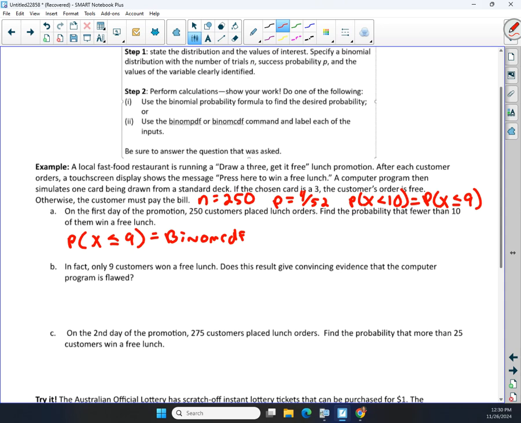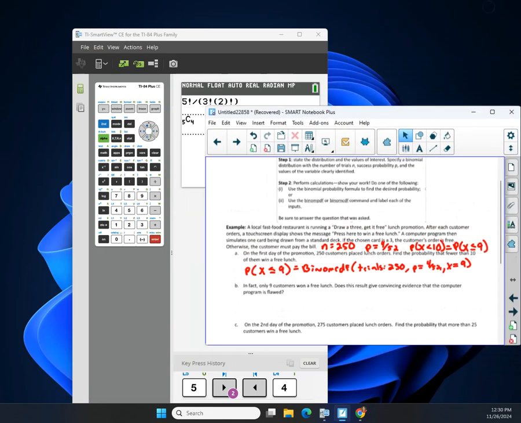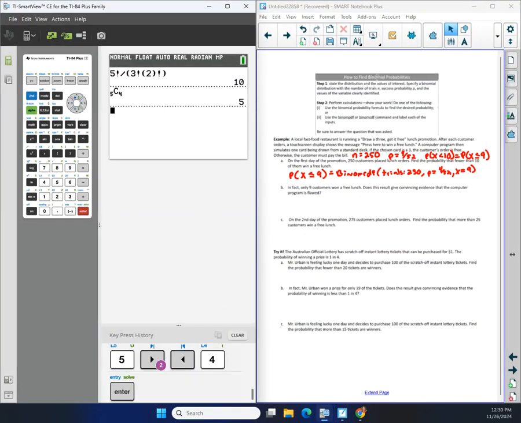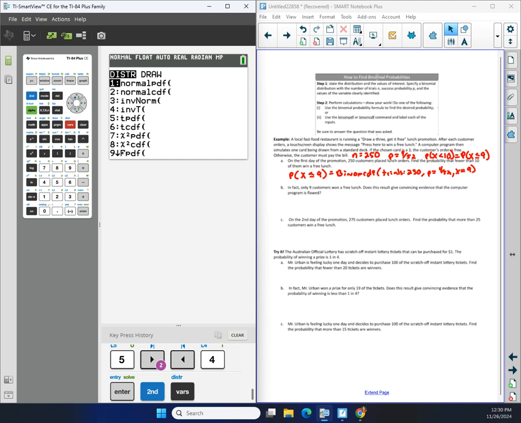So binomCDF, and I'm going to label, I'm going to do the option 2 up there. The trials, 250. The probability of success was 4 out of 52. And x equals 9. Now let me show you where to go in your calculator to do that. So you're going to go to second distribution.